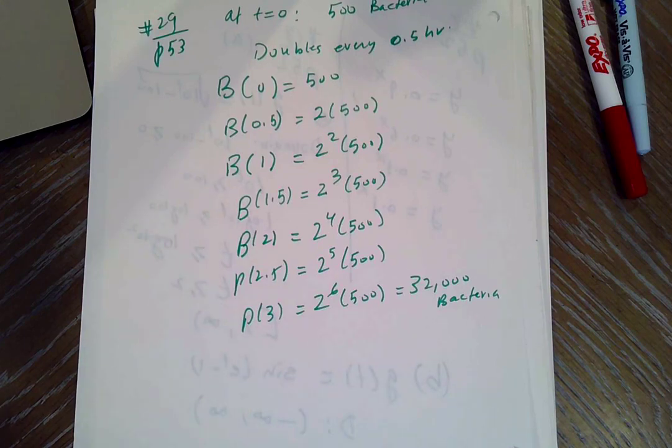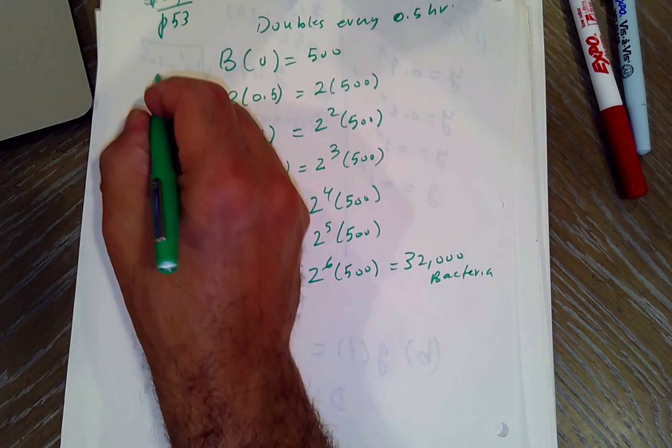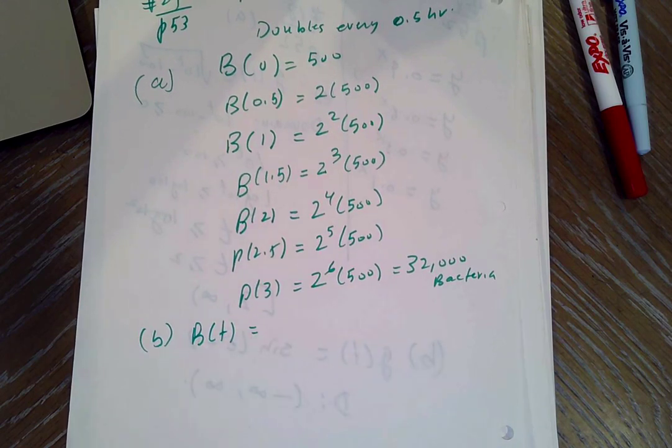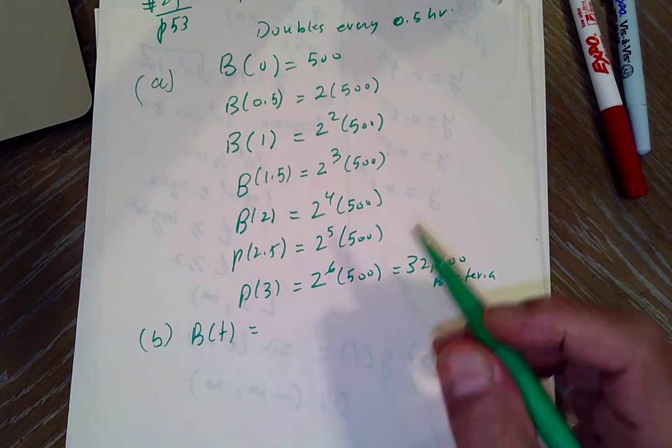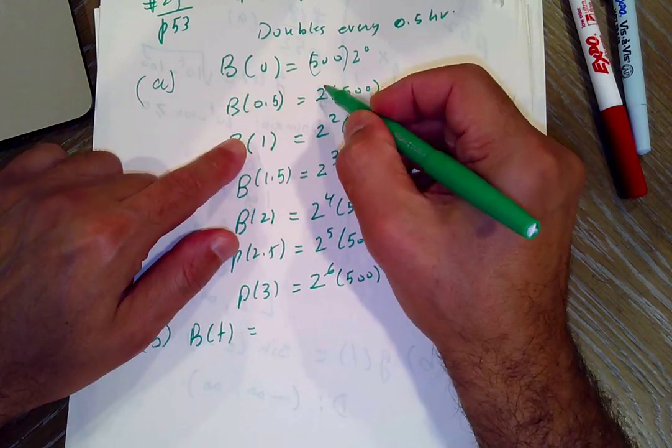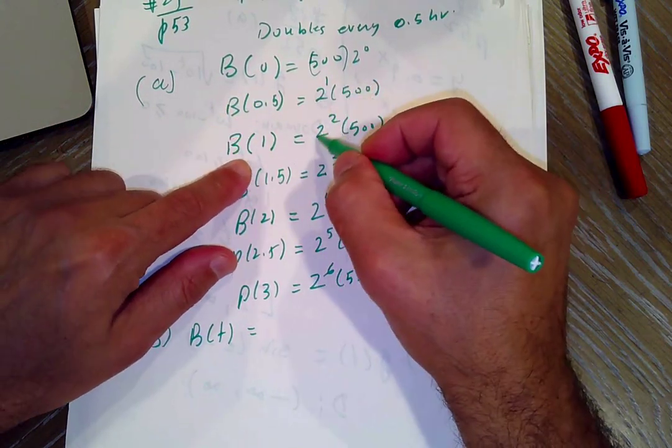Part B, how many bacteria are there after t hours? So B of t, we need to find a formula for that. This would be 500 times 2 to the 0, this is 2 to the 1, this is 2 squared.